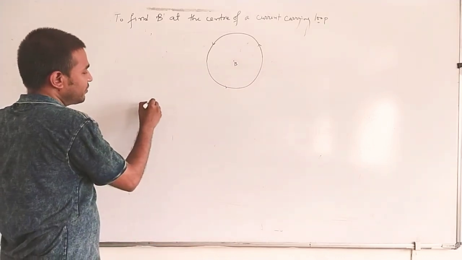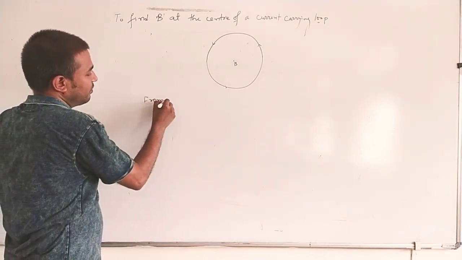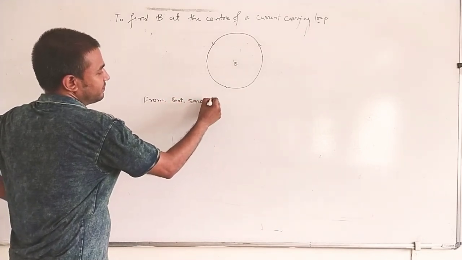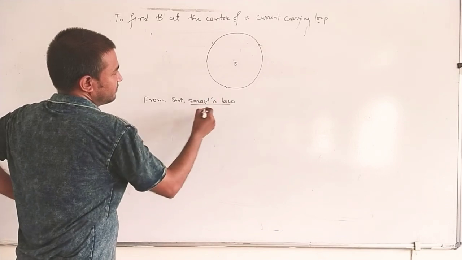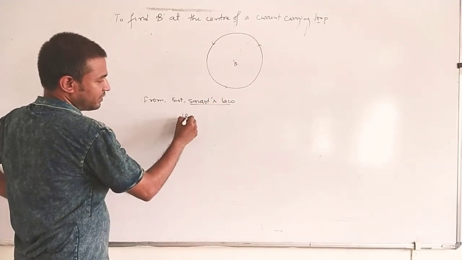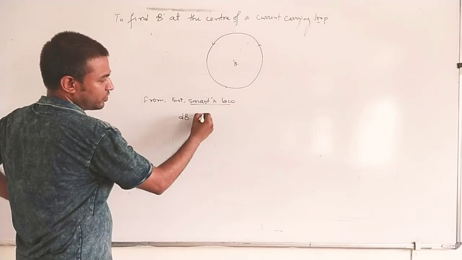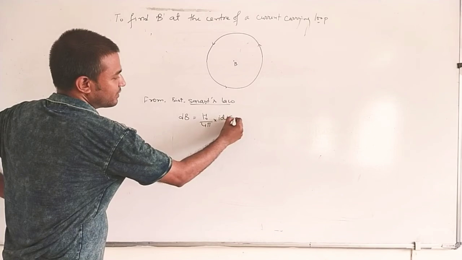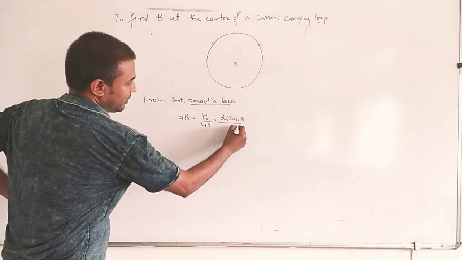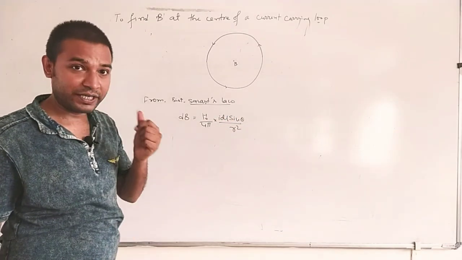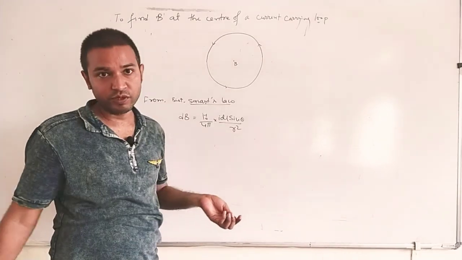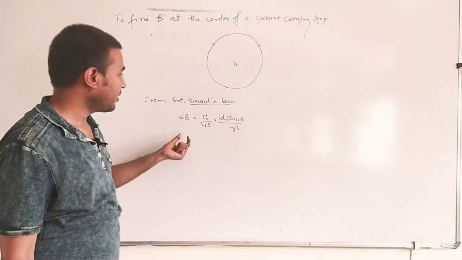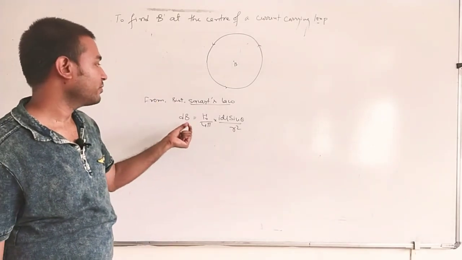We know very well from Biot-Savart law that dB is equal to mu naught divided by 4 pi into I dl sin theta divided by r square. We haven't taken the vector form here, we are concerned only with the magnitude, so we have taken only the scalar form.